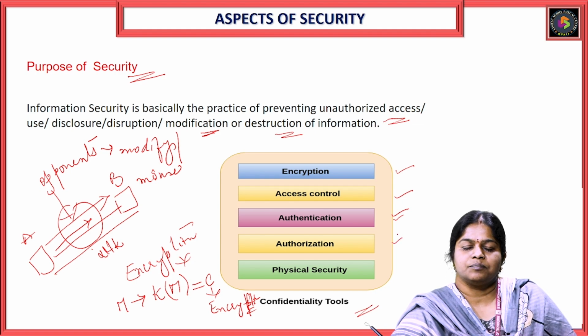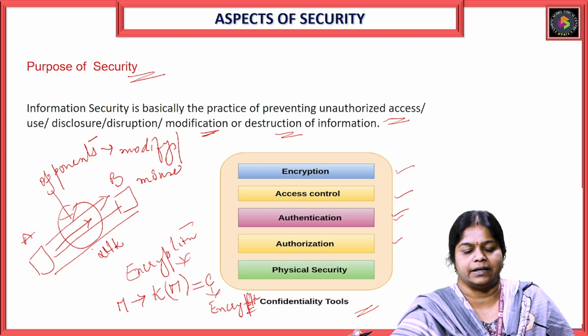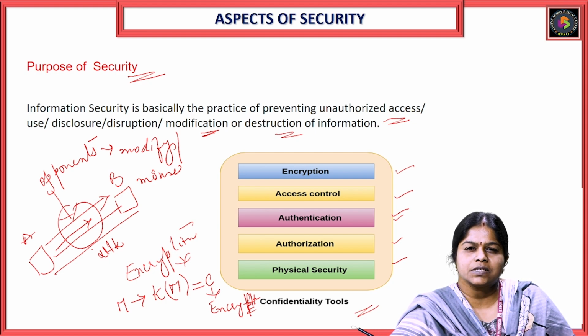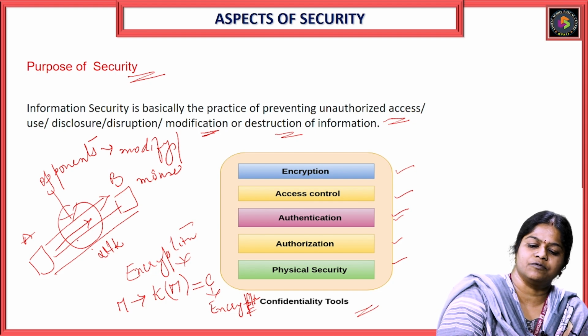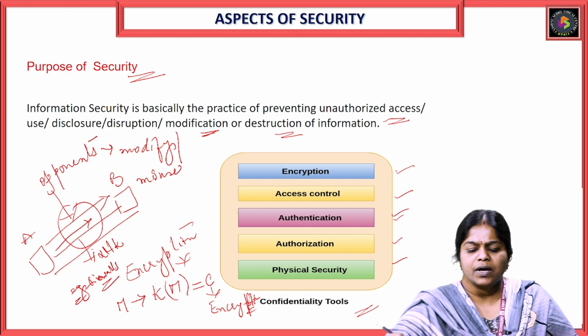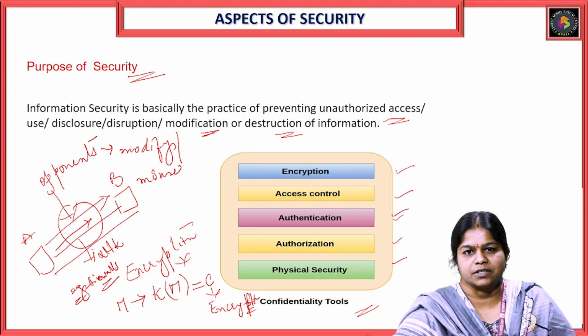Authorization: the person who has the access, only that entity should communicate with the other entity. That is called authorization. And the last one we have here is physical security, where we can provide some physical security for this information, for example, firewalls, which is the best example of providing physical security for your transmitted information.